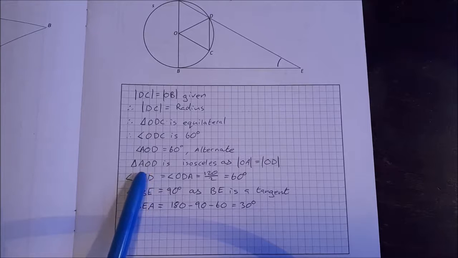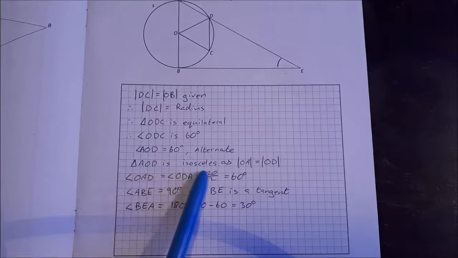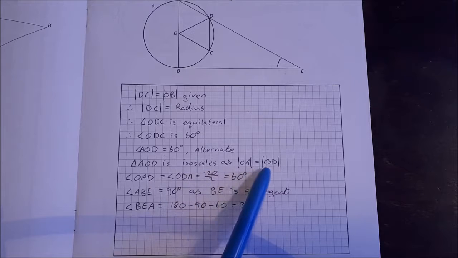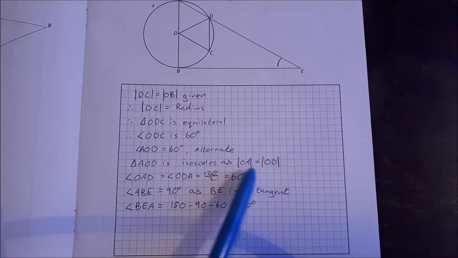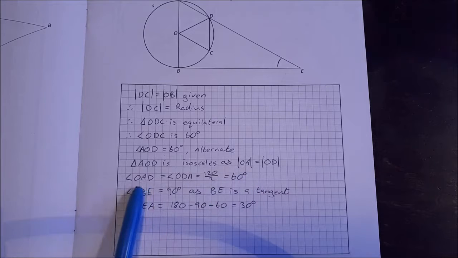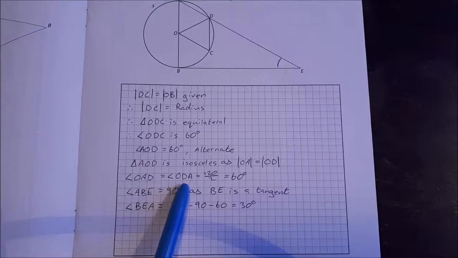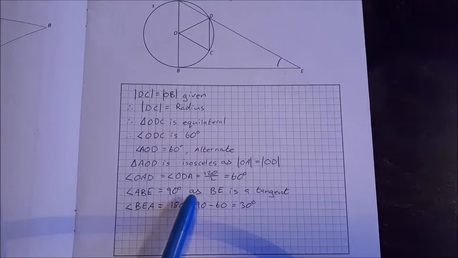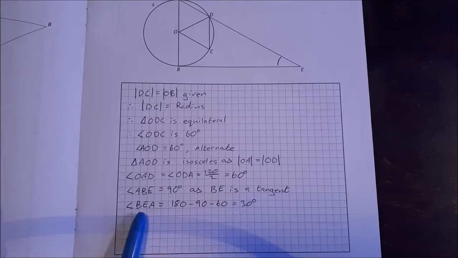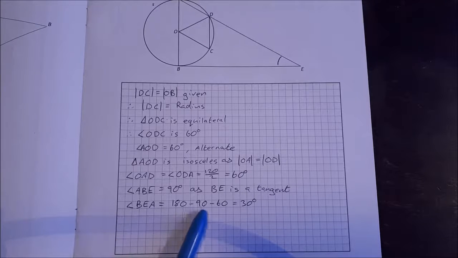That means the triangle AOD is isosceles, as OA is equal to OD. They are both radii. So the angle OAD is equal to the angle ODA, which is 60. The angle ABE is equal to 90, as BE is a tangent. And that means the angle BEA is 180 minus 90 minus 60, which leaves us with 30.